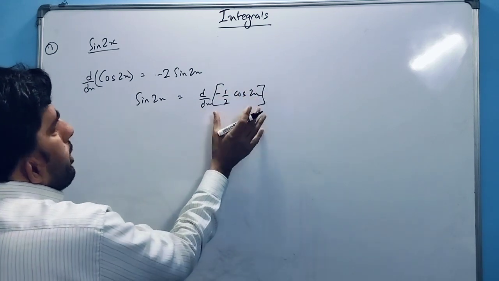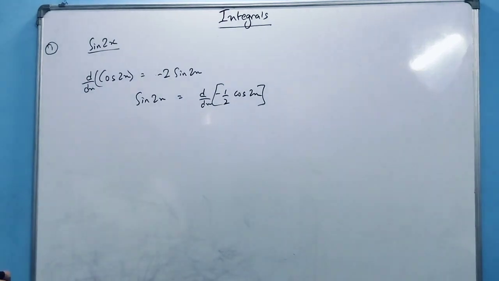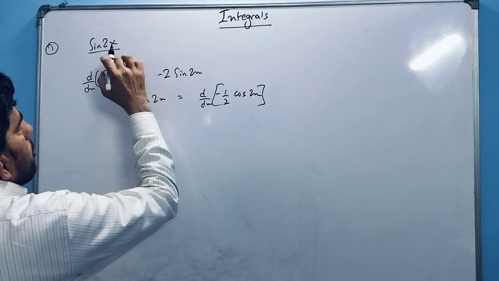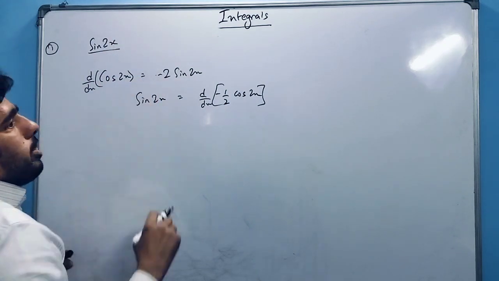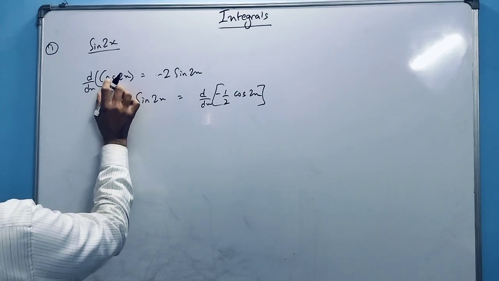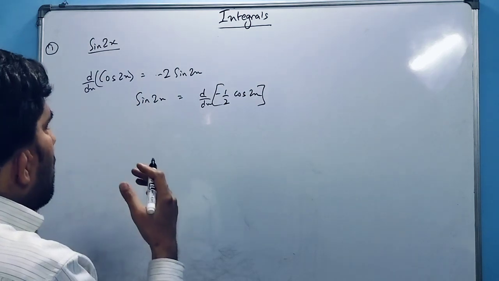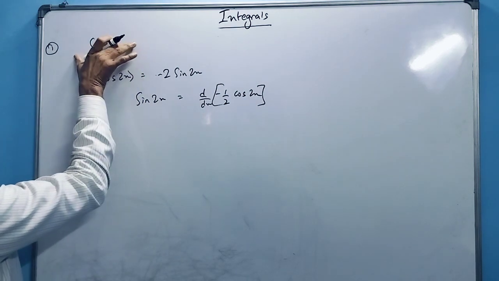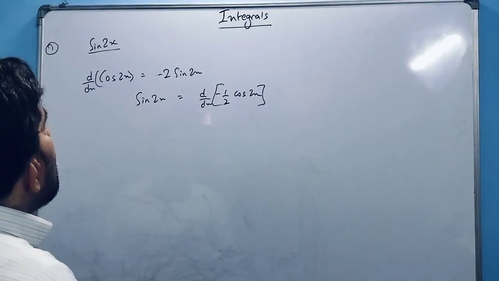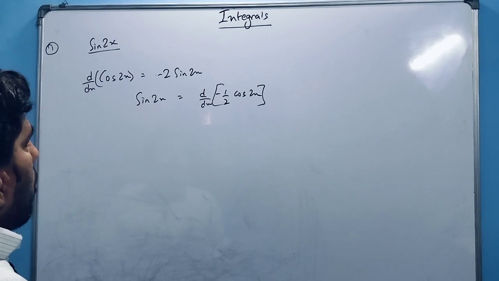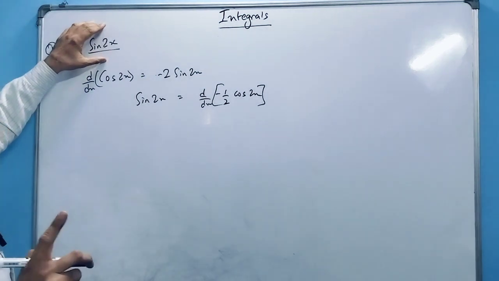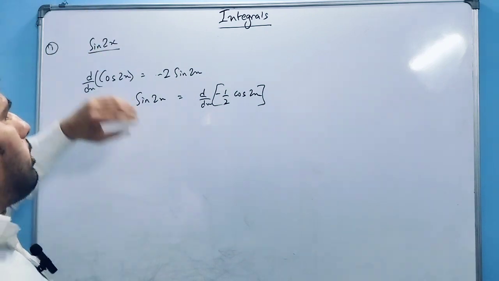So this is an integral of sin 2x. If I need to find the integration of sin 2x, that is the antiderivative, first we need to find a function whose derivative is this. Before finding the antiderivative of this, we need to find a function whose derivative is this.